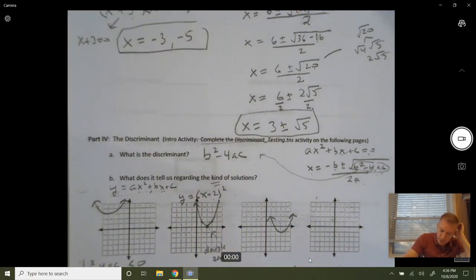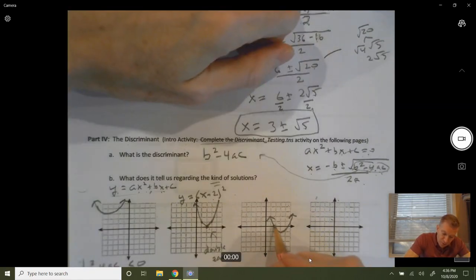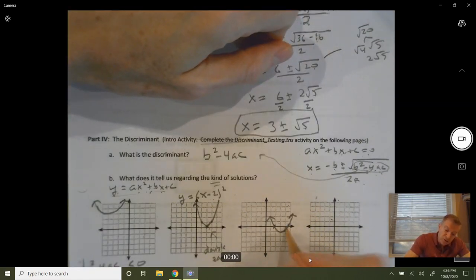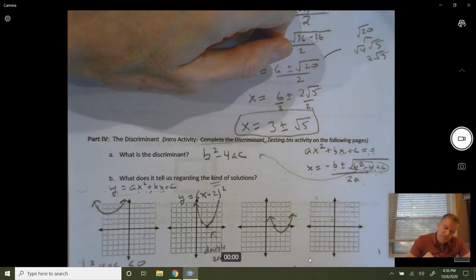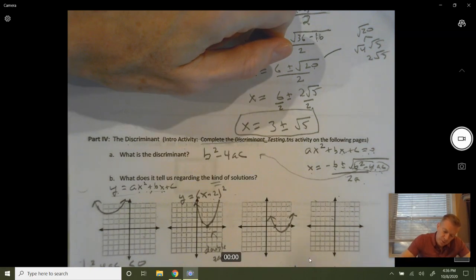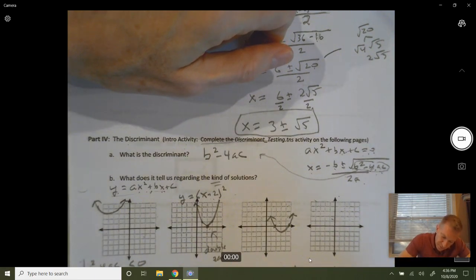So you'll have two real zeros to the graph, two real solutions to this equation where you've set up an equation to solve for your zeros. And then finally, there's one more where your b squared minus 4ac is not only positive, but is a perfect square.